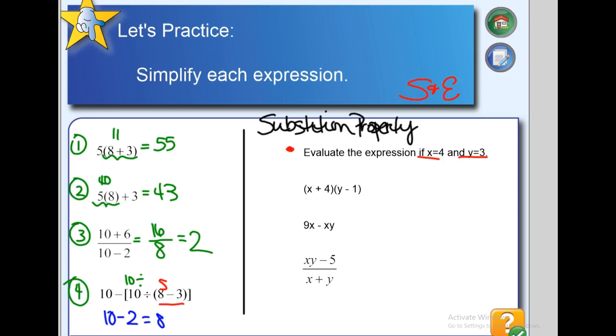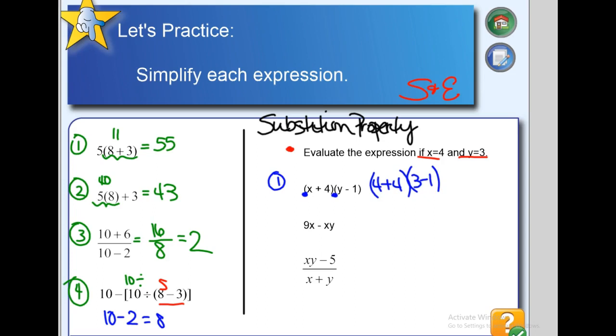So let's look at our first problem over here on this side of the board. I need to plug in a 4 for x and a 3 for y. So let's do that. We've got 4 plus 4 in the first parenthesis, and if I plug y in the back parenthesis, we have 3 minus 1. What should we do next?